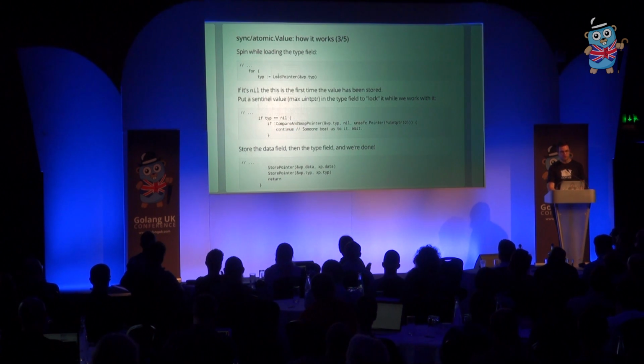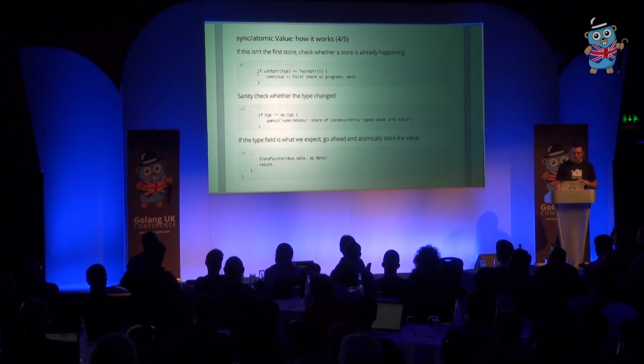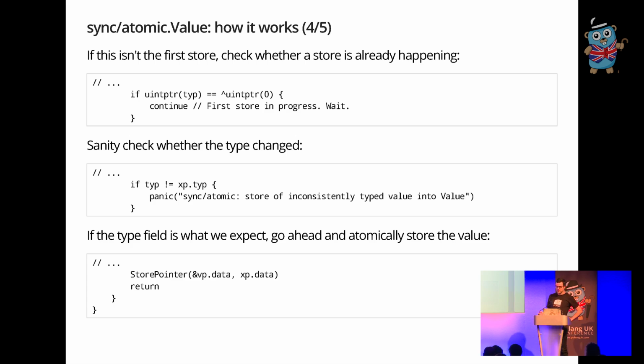If we don't find that type is nil, which will happen if there's already a value in the atomic value, we instead need to check whether the type is the sentinel value, in which case there is another concurrent store happening, and we should try again. So we do a continue again. But if it's not the sentinel value, then there must be a real type value in there.